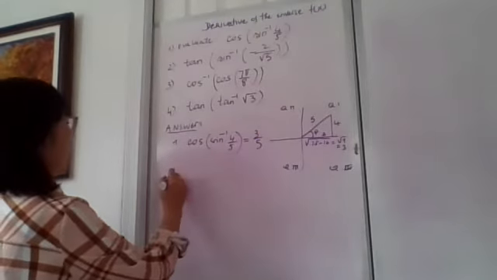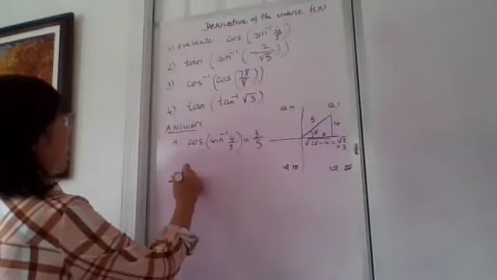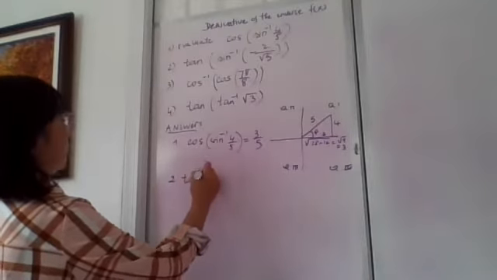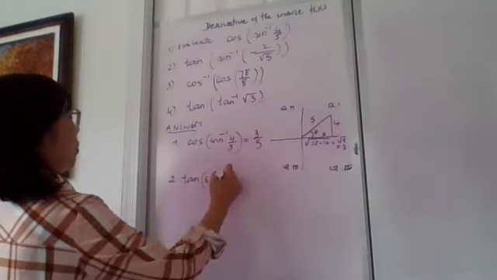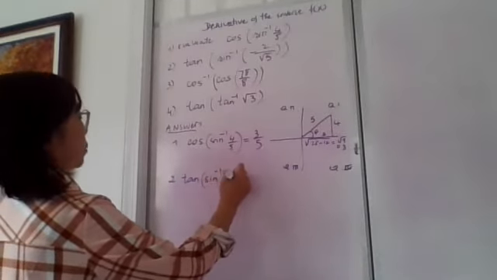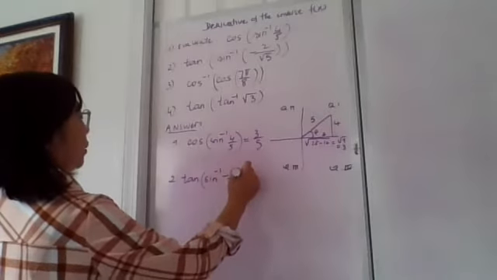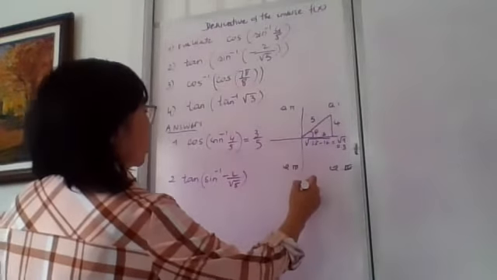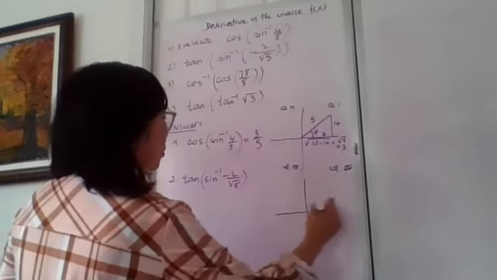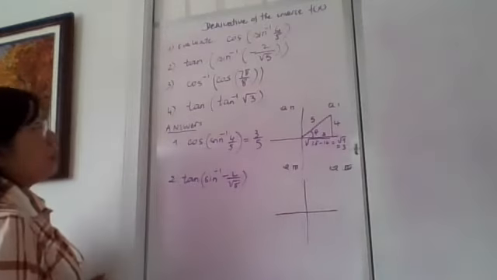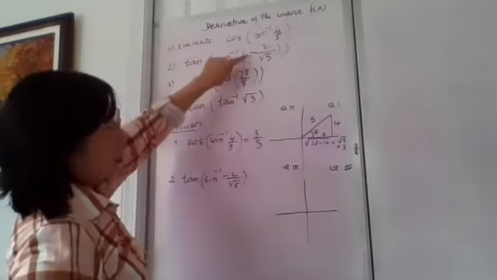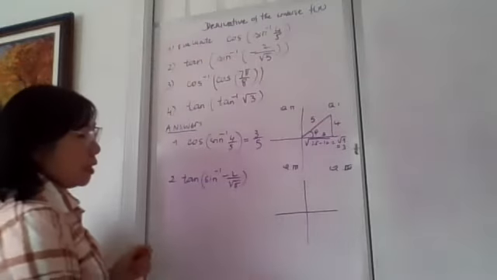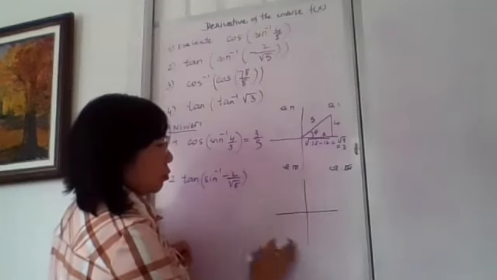So now let's do number 2, which is tan of inverse sine of minus 2 over square root 5. So let's do this in a quadrant as well. Now you know that this side is negative. So in what quadrant is sine negative?